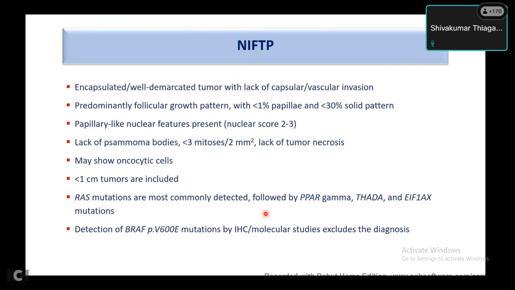So I would just want to stress that yes, you have Bethesda 3 and Bethesda 4, but you're not going to operate or not operate just because of whatever Bethesda category is given. Unless it is said to be a malignancy. Even if it is malignancy, there are various other factors to be considered. So this we need to understand. Also, the risk of malignancy in Bethesda 3 and 4 given in literature may not be the same across institutes.